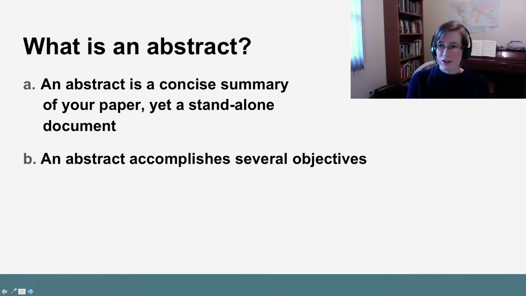Or am I veering off into a completely different argument right now? So your abstract can help keep you on task. And then at the end of your writing process, you can revise your abstract to make it fit or reflect what your paper actually says. Okay. So in this case, an abstract can actually accomplish several objectives, not just one.